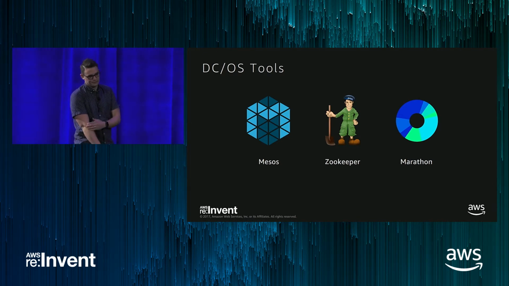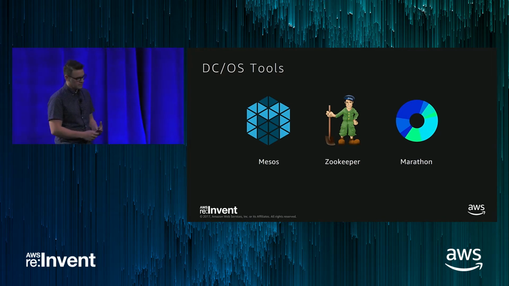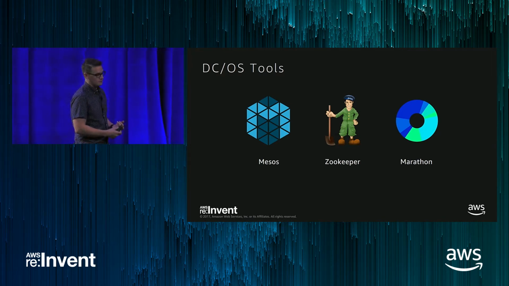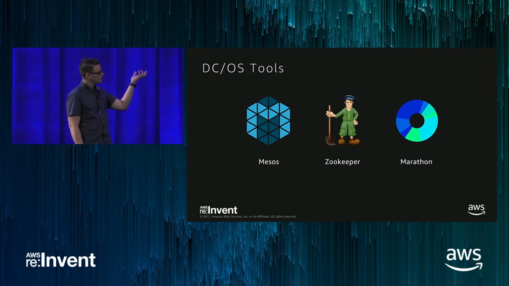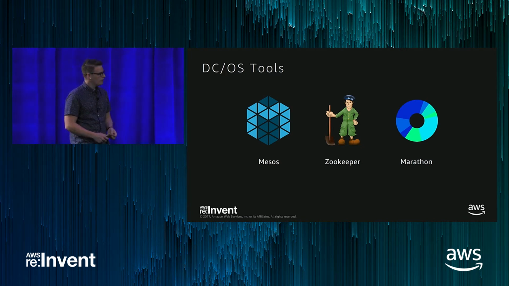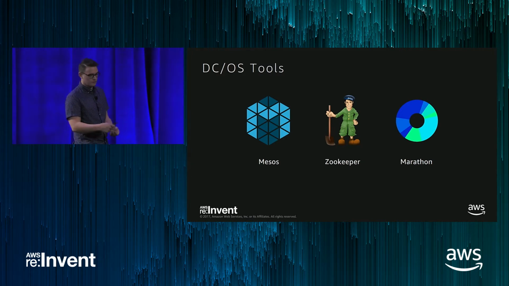And so in DCOS perspective, what that actually requires is that we have 3 tools to put that whole thing together. And so those 3 tools that are really critical to talk about when you actually are looking into these container orchestration frameworks, specifically DCOS, is Mesos, Zookeeper, and Marathon. And so if you're not familiar with those, Mesos that we already talked about is that distributed kernel. It allows you to send an offer to it, and it will figure out where to run it.